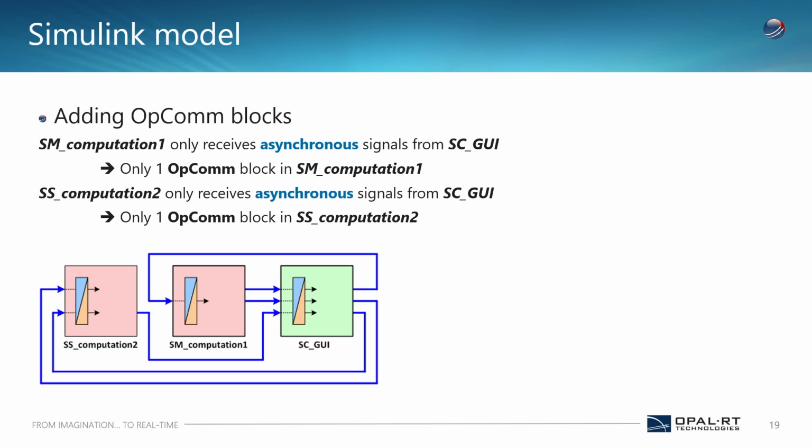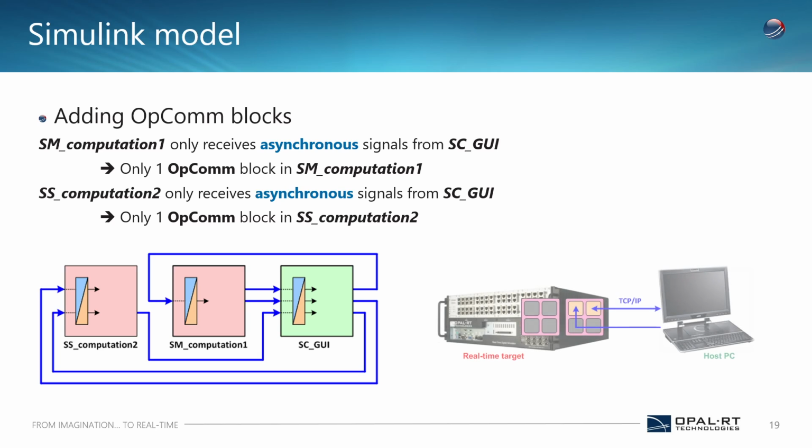It can be connected depending on your model, how you designed your MATLAB model. It's not a very complex thing, this connection. Just look that every input comes through an OPCOMM block. After coming through the OPCOMM block, it will be connected with the other part of that subsystem.